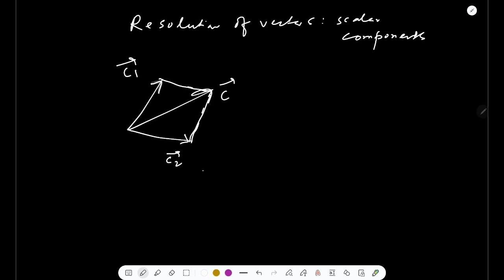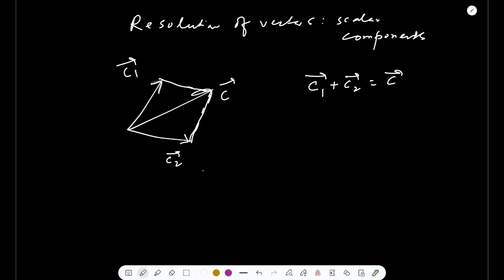You can see in the picture that c1 and c2 are two coplanar vectors whose sum is c. That means vector c1 plus vector c2 is vector c, and then vector c1 and vector c2 are called components of a vector c.